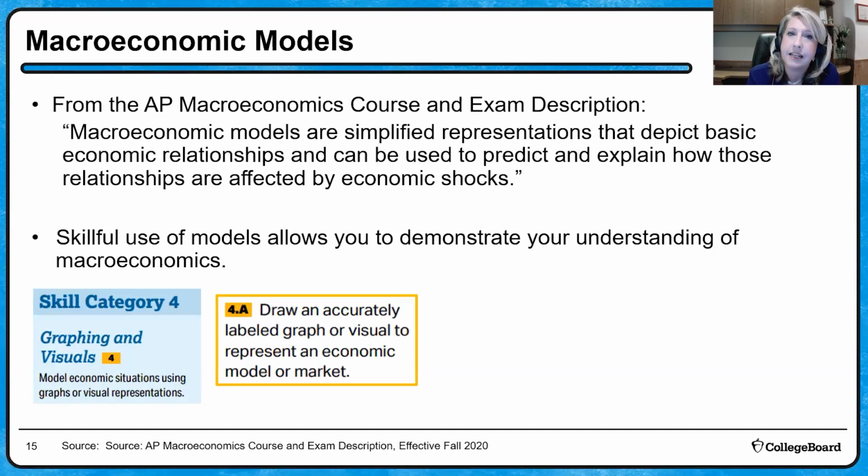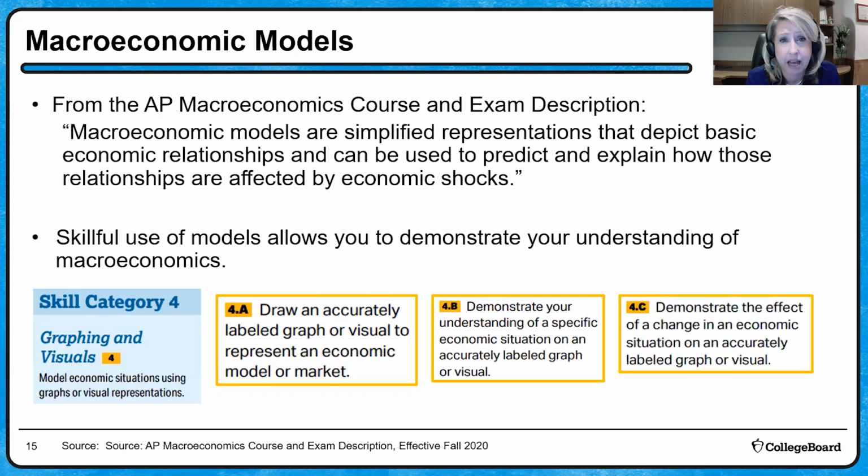All right. Again, tonight we're focusing on skill category 4, which is broken up into 3 parts. I don't think it's that important for you to be able to recognize which graphing skill you're exercising at any given time, but I do think it's worth thinking about what these 3 graphing skills are. 4A, can you draw a correctly labeled graph?